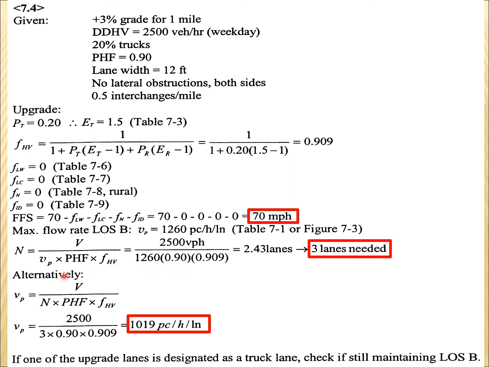Alternatively, by using this formula, you can get V sub P, that is 2500 divided by 3, divided by 0.9, divided by 0.909, and the answer is 1019 passenger cars per hour per lane.